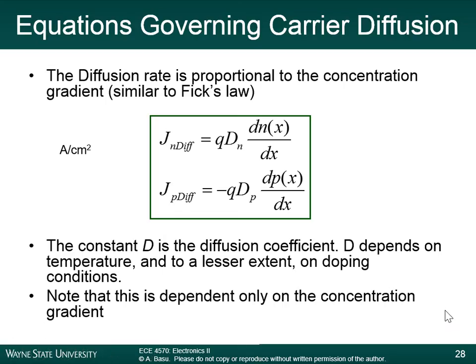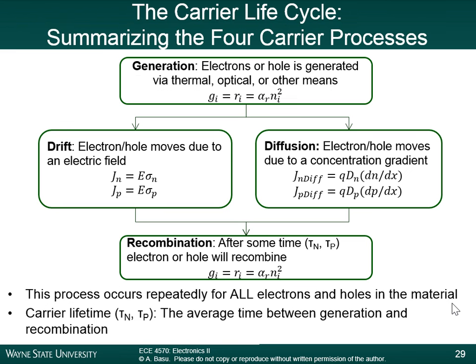Drift currents are driven by electric fields. Diffusion currents are driven by concentration gradients. So at this point, we're going to start off with this next time. But we basically have summarized the 4 carrier processes now. And we even have relations for all of them. So electrons and holes can be generated through thermal, optical, or other means. And we have this equation which describes the generation and recombination rates at equilibrium.